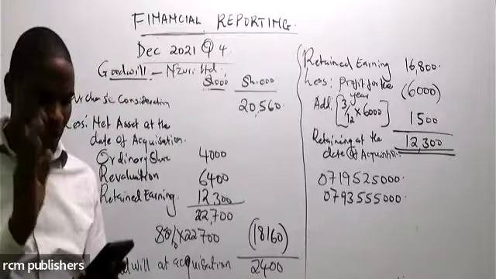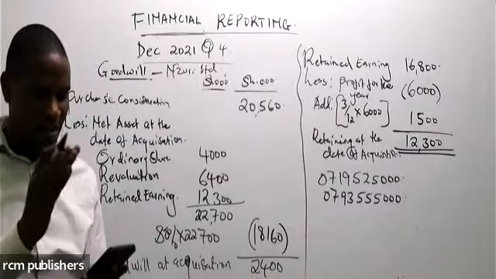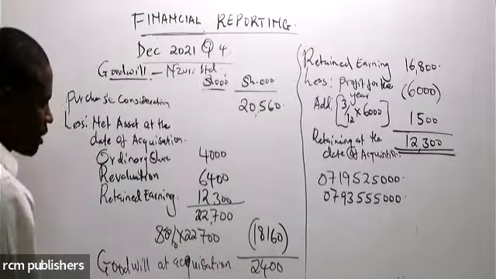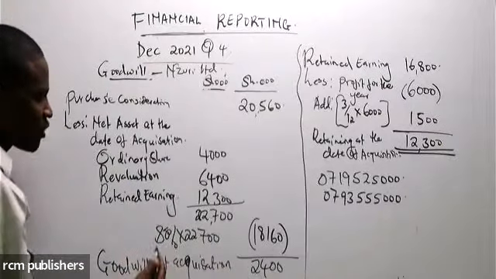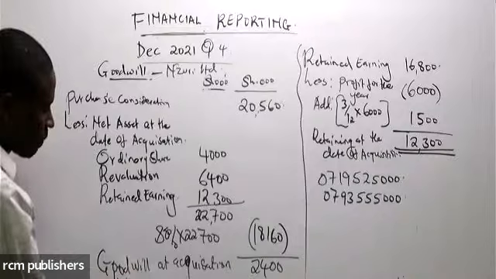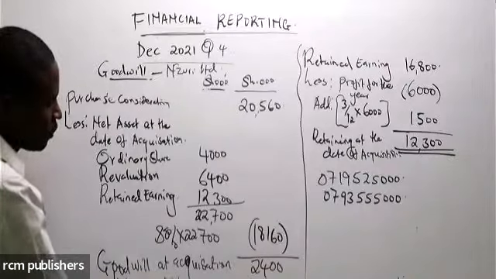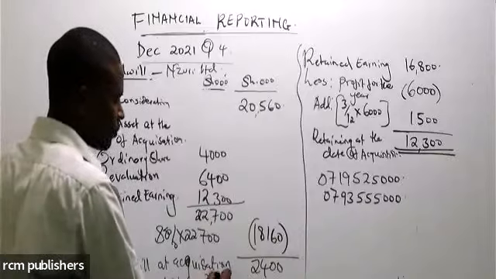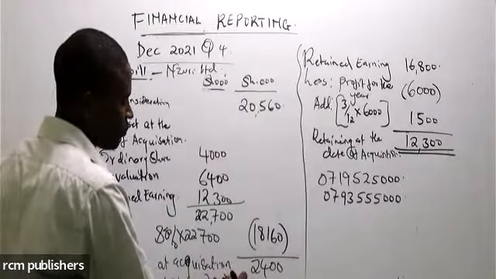Goodwill is considered to be impaired by 25% as at 30 September 2021. So the value of this goodwill will be reduced. Impairment of goodwill is 25% of 2,400.